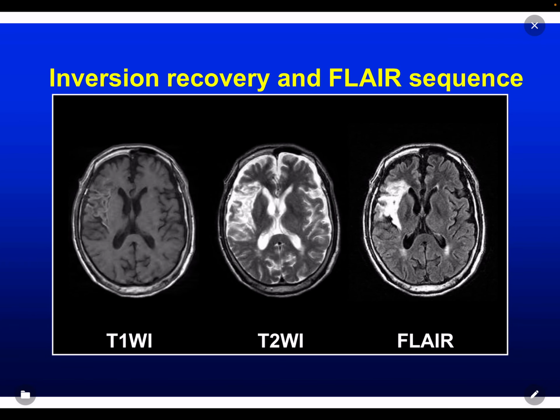The clinical FLAIR image is an example of inversion recovery. We acquire the FLAIR image at the null point of the CSF. That's why we get zero signal in the brain ventricles.